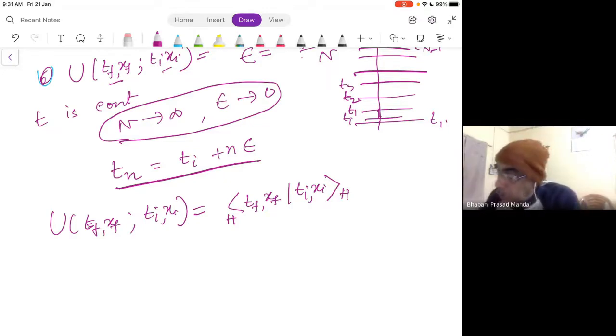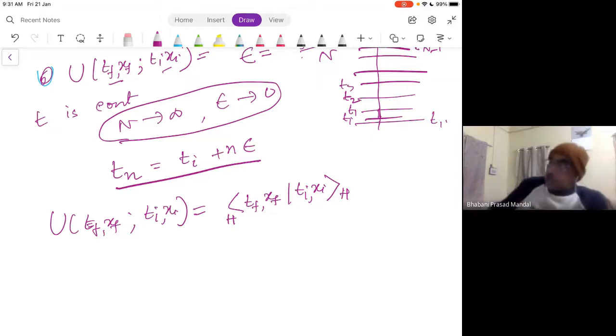So this is that, but now I'll break it into the n intervals. So this u then can be written as, let me write.